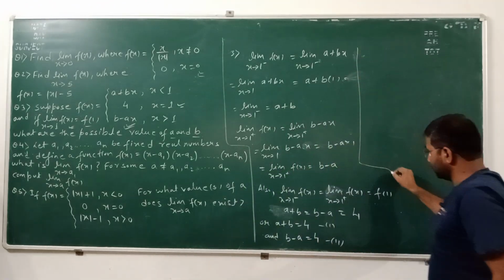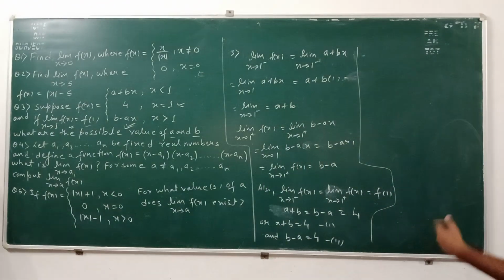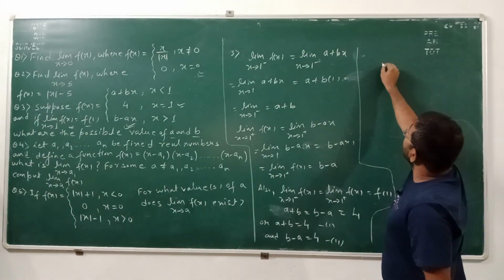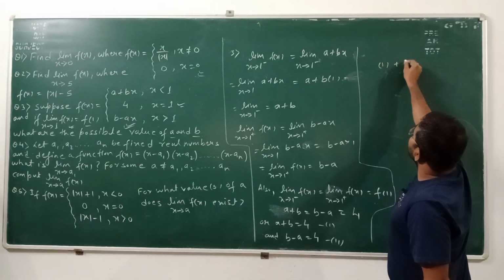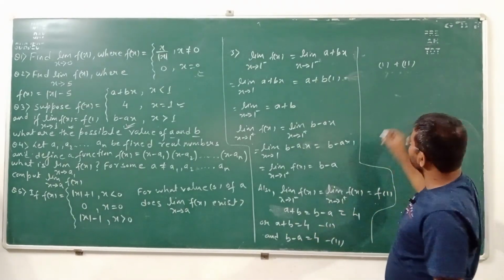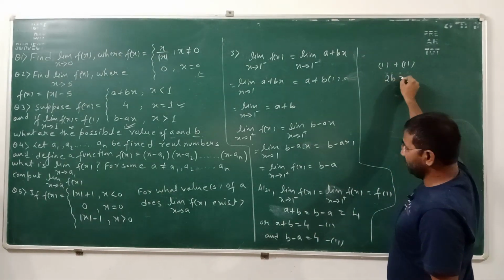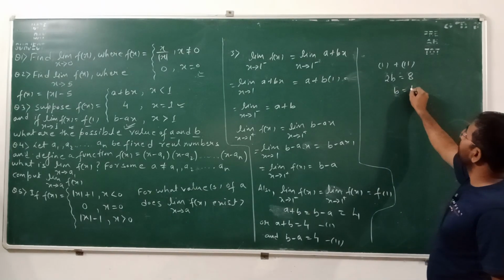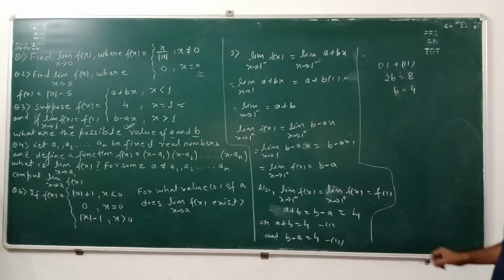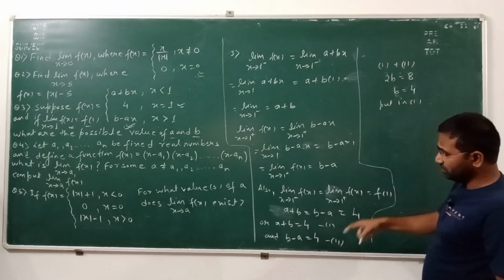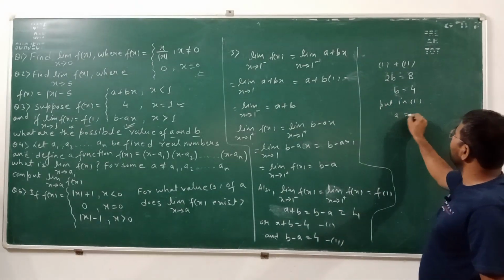So in 10th class you learned how to solve linear equations in two variables. So add both equations, first and second. When you add, the a value will cancel out, here 2b will come and here 8 will come, so b will be 4. Okay. Now when you put this in the first, a will be 0.